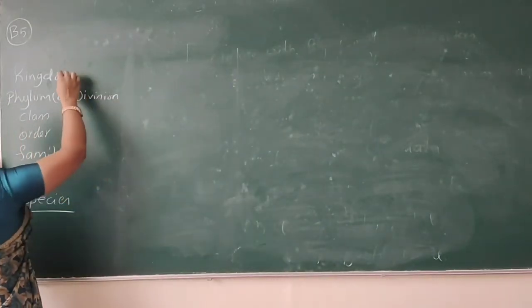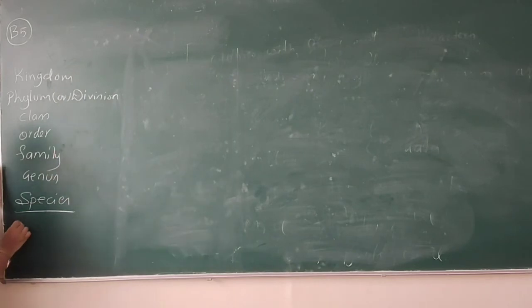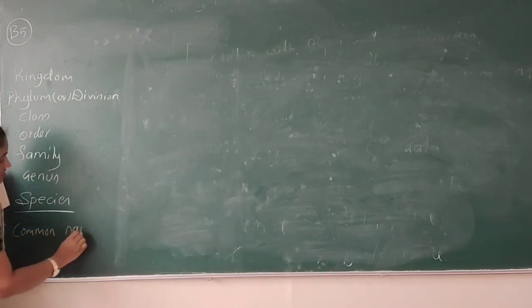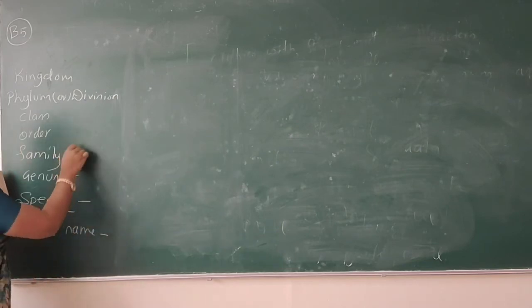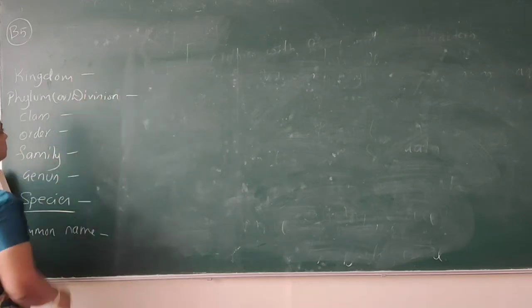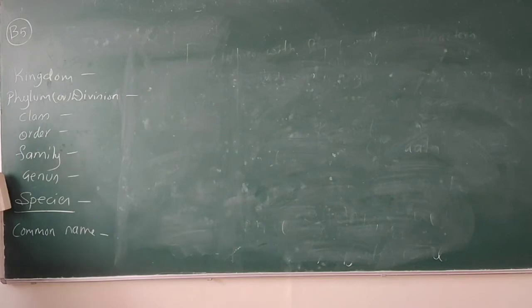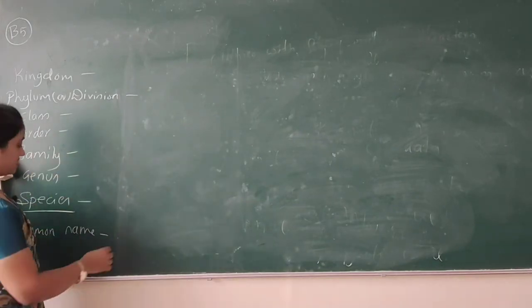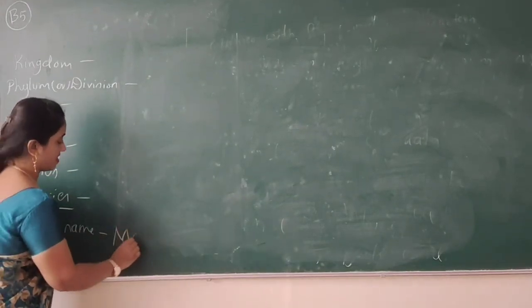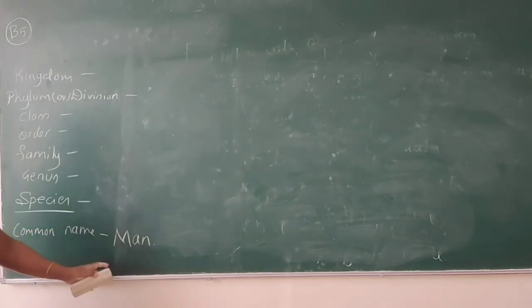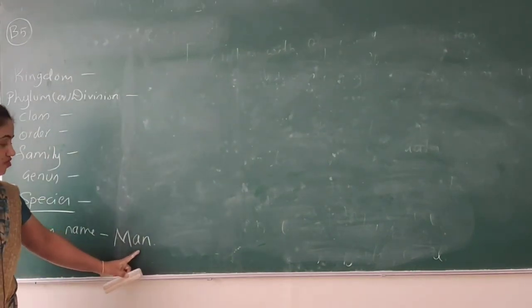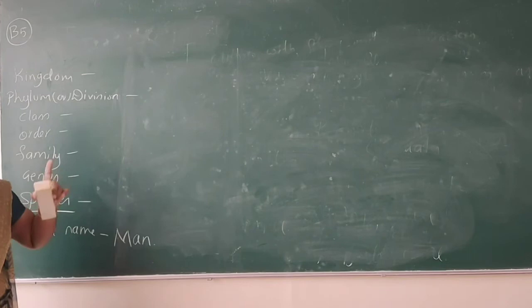The common name, I will write here, and the systematic position goes like this. Alright, common name is man. It means I am going to write the human being systematic position.